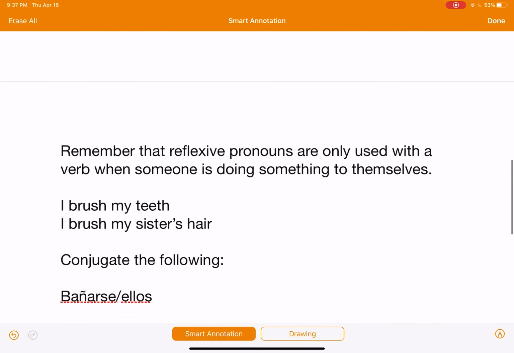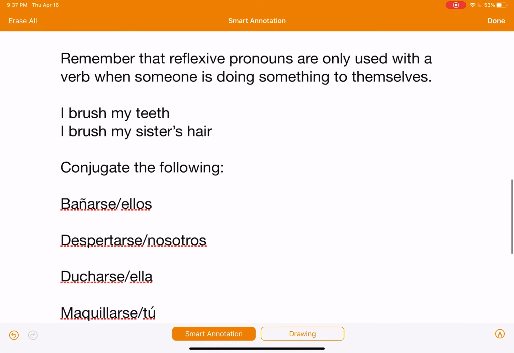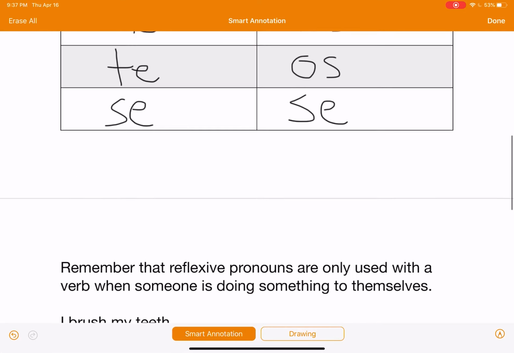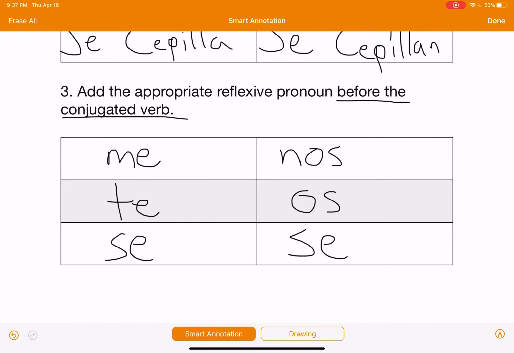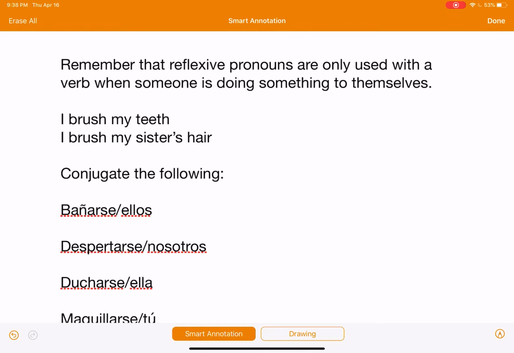Now, some things to remember with reflexive verbs. Your reflexive pronouns are these right here: me, te, se, nos, os, and se. They're only used with a verb when someone is doing something to themselves.